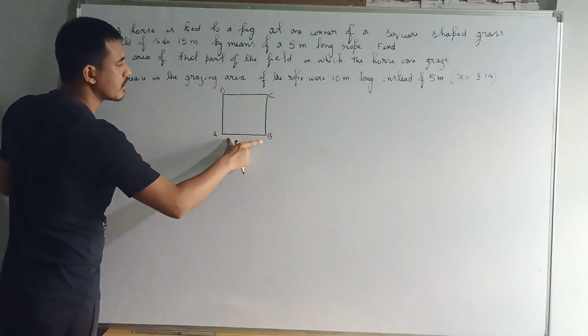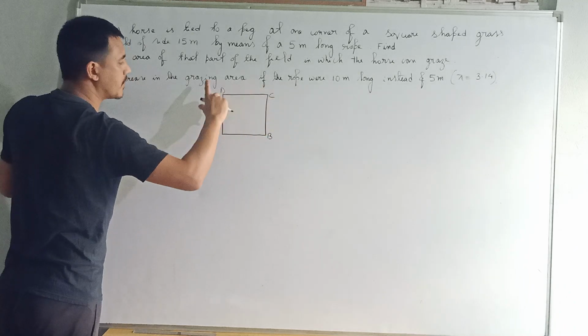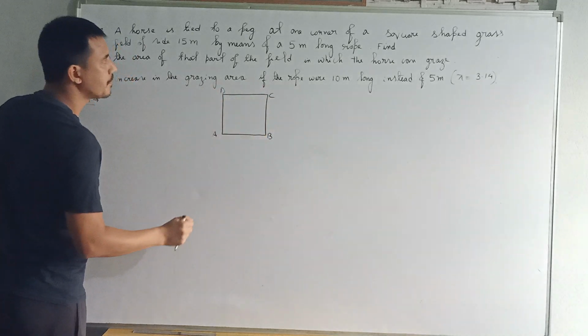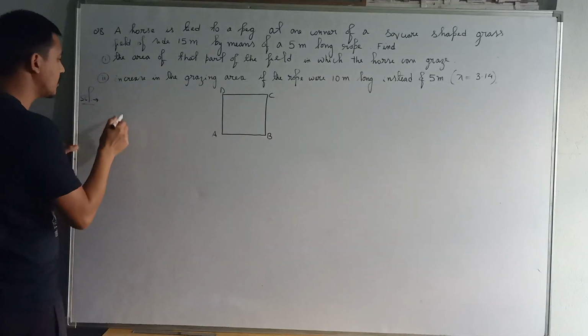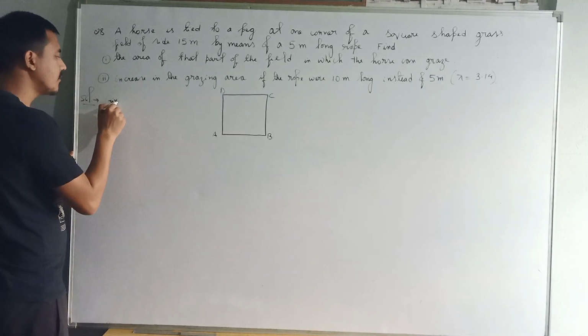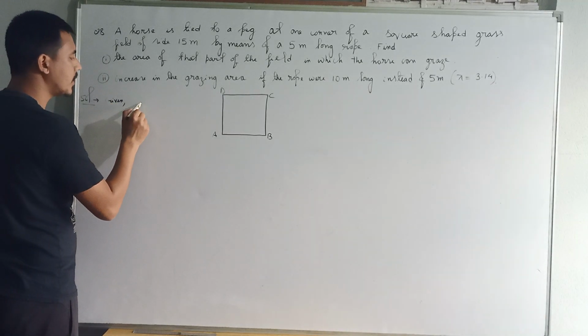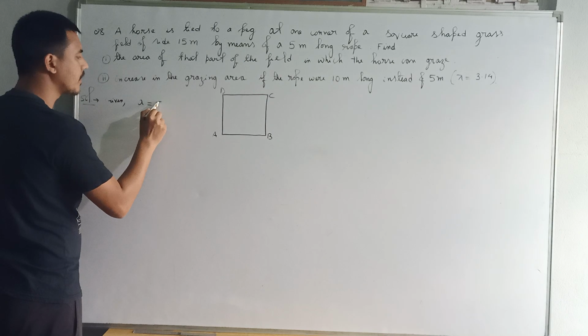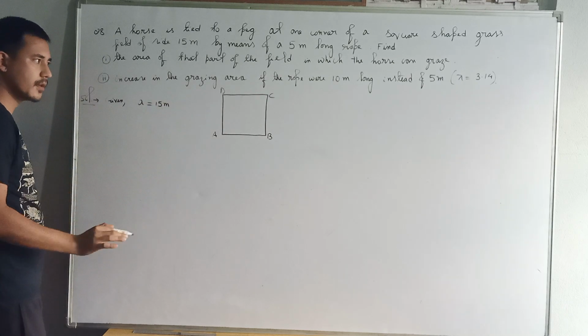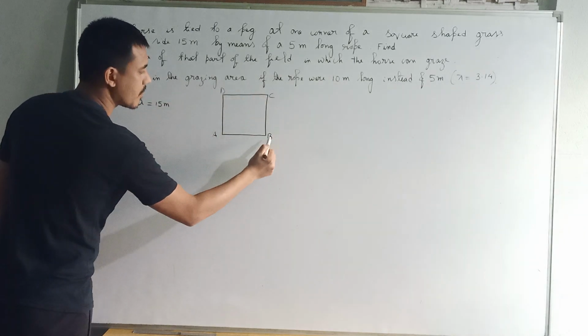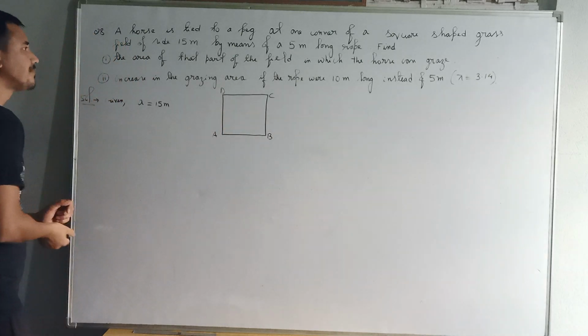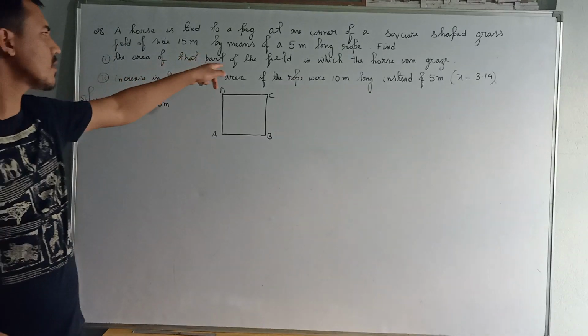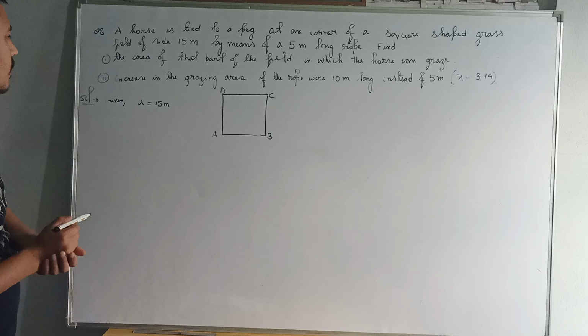So it's given that the side of the square, let me denote by a, is 15 meters, by means of a 5 meter long rope.